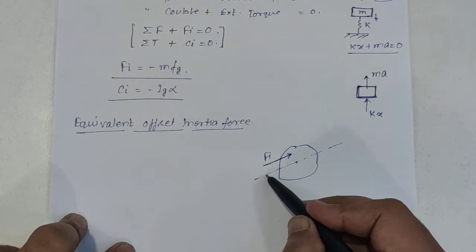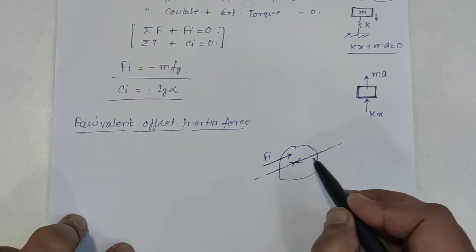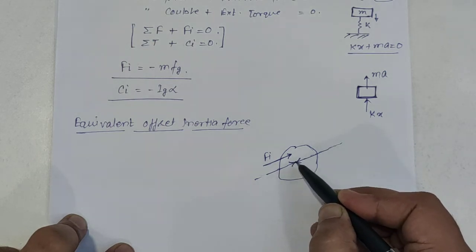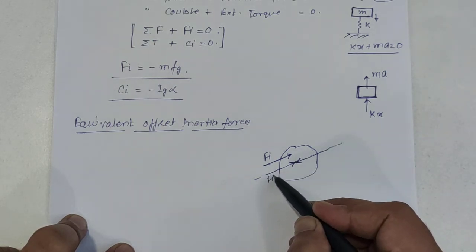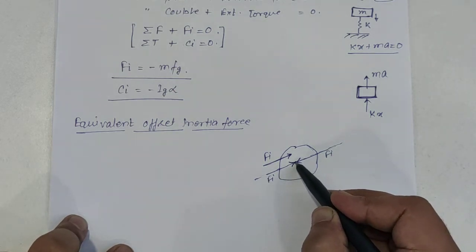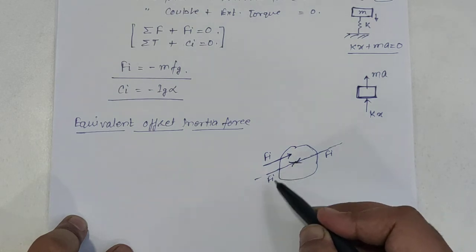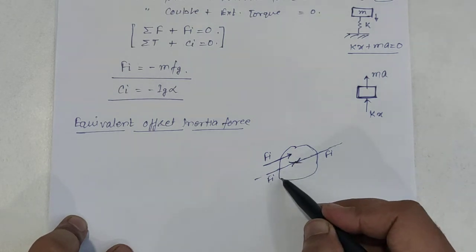At the center of mass we add one force in both directions, equal to Fi. So simply we have applied two forces opposite in direction, equal in magnitude at this point, so the resultant of these two forces will be equal to 0.